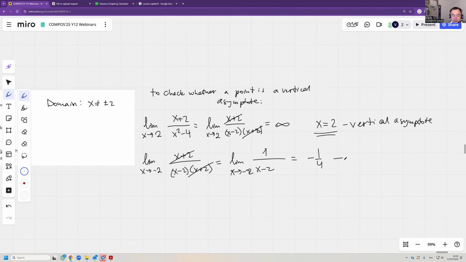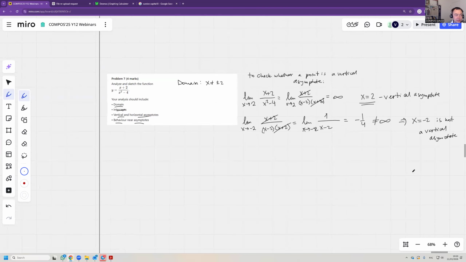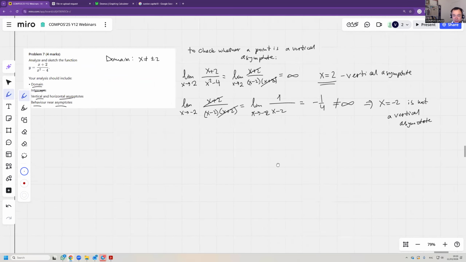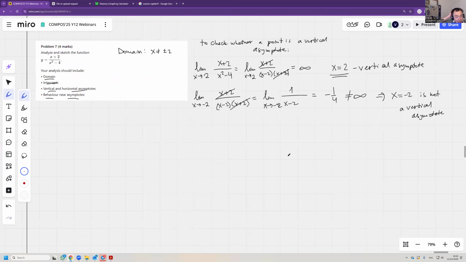So not infinity. That means x equals -2 is not a vertical asymptote. So the function only has one vertical asymptote, and that's x equals 2.